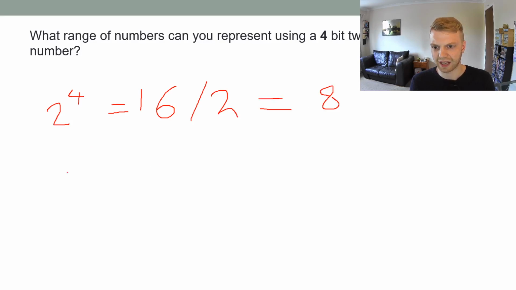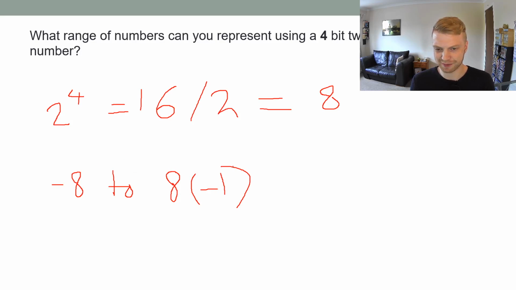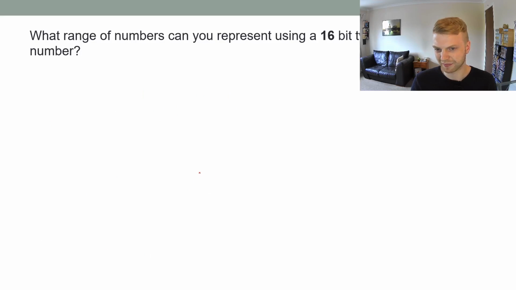And then all you've got to write is negative 8 to 8, and now I'm writing out like an equation here, which is a bit silly, but maybe it'll help you understand. 8 minus 1. Normally I'd skip this step, I'm just doing it to demonstrate. So negative 8 to 8 minus 1, so it just becomes negative 8 to 7, and that's it. That's the answer. I think it's only worth 1 mark.